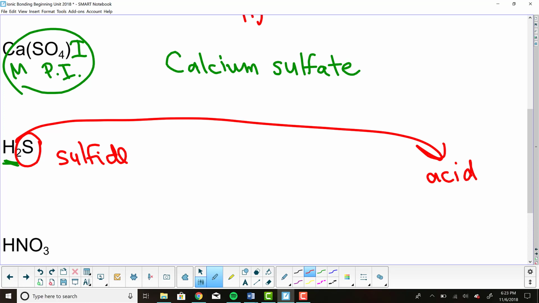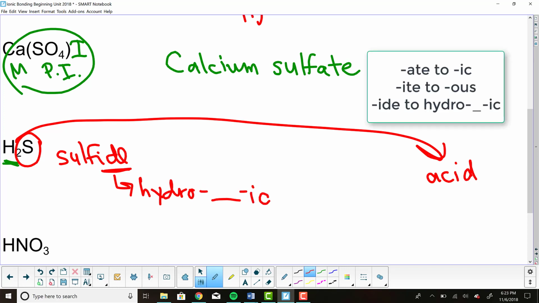And if we look at our naming rules for acids, ide endings go to hydro-ic. Ate to ic, ite to ous, ide to hydro-ic. And then we're just going to fill in that middle bit.